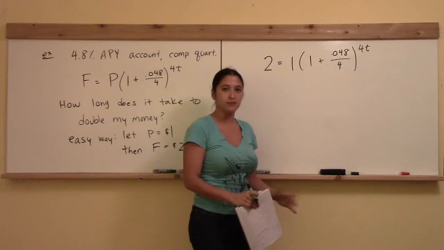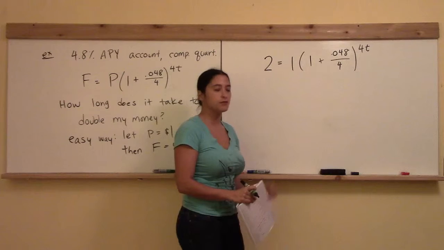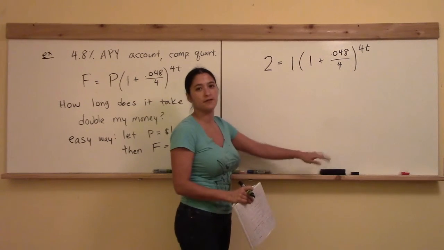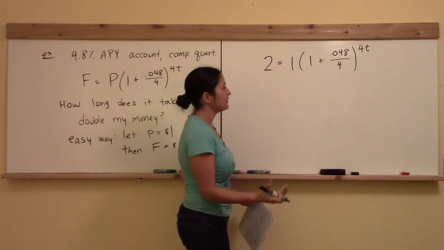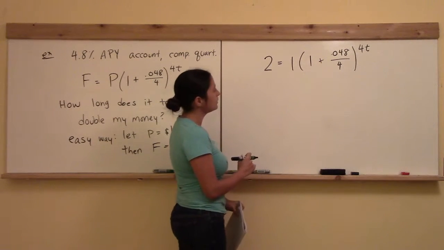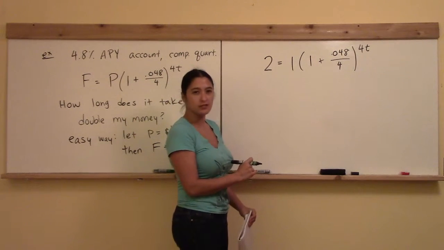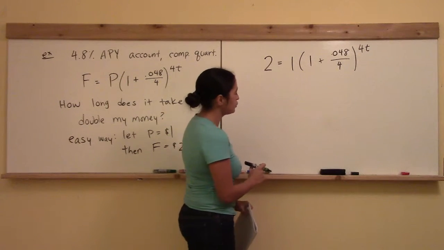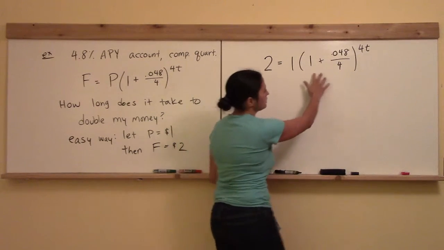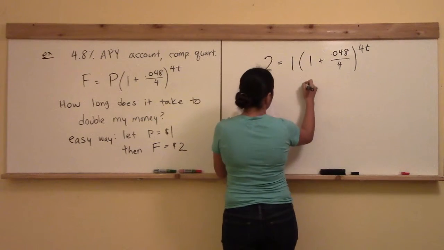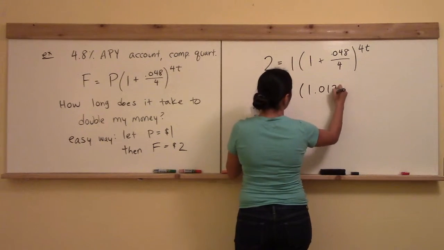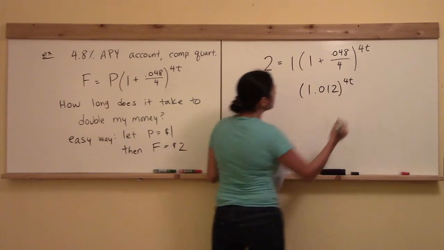Okay, so if you want to test yourself, you can pause the video right now and see how far you get on this using the strategy that I just laid out. Okay, and then let's see what you did here. Remember from that strategy that we want to isolate the term. In this case, it's an exponential type of term where, let's see, if we calculate out this base is equivalent to 1.012 to the 4t.